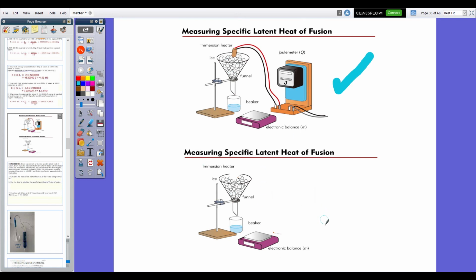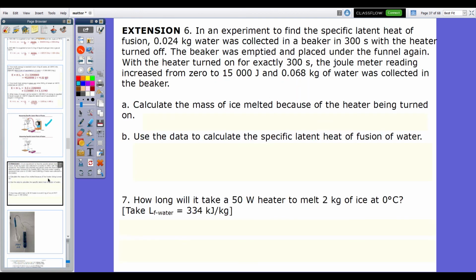If we have two identical setups, then we can measure the difference in the amount of water that's generated, and the difference must have been supplied by the heater. So it's a bit of a complicated one really for GCSE. I'd put it in to give you a bit of a stretch, but let's go to it.